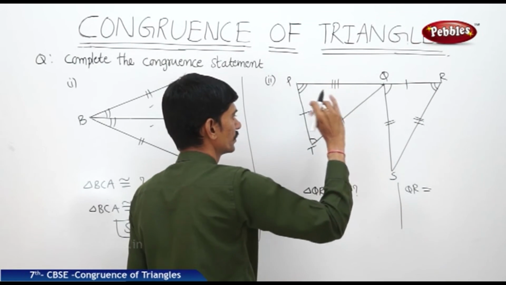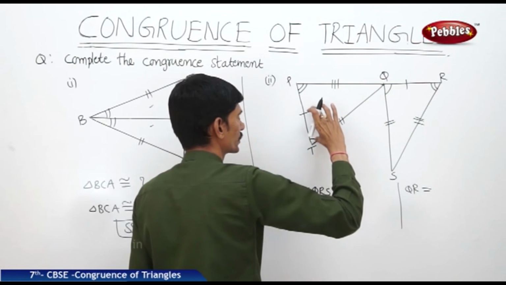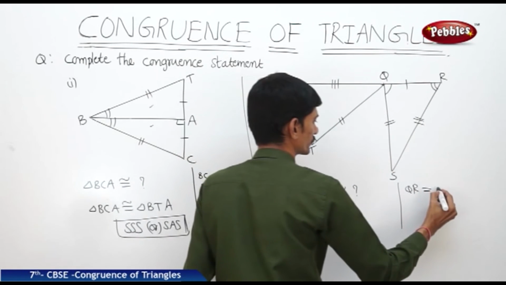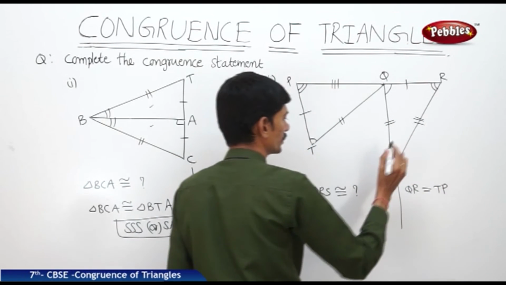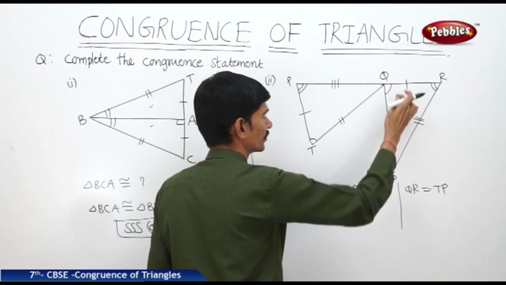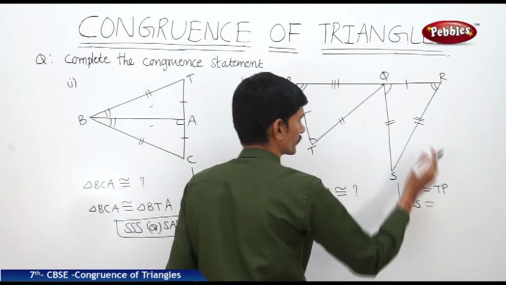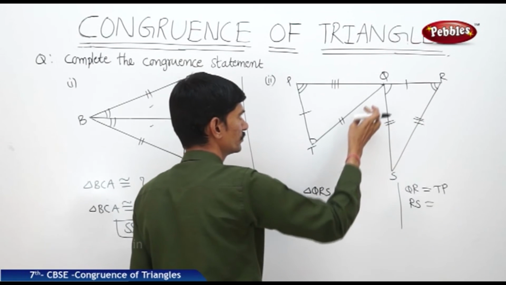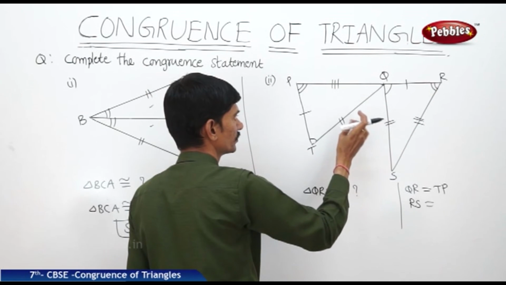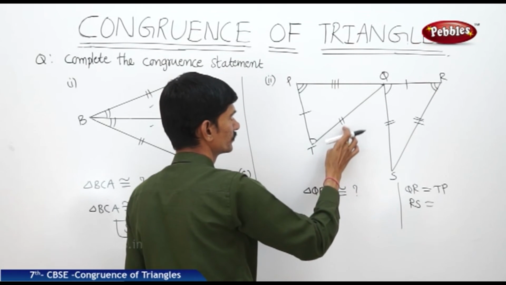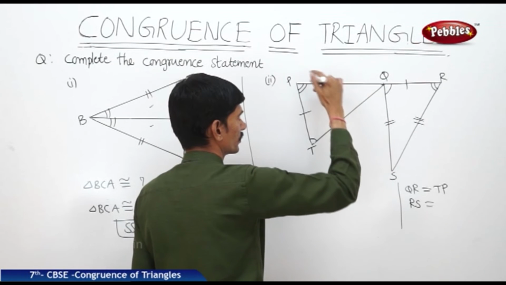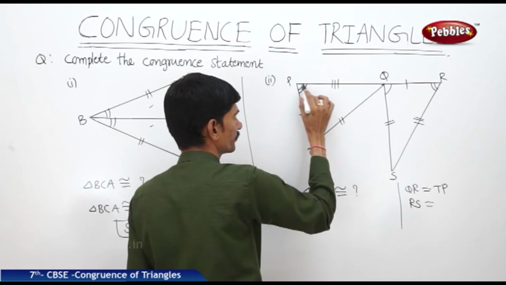So we can write QR equals TP. Then RS equals, in this triangle, PQ. So RS equals PQ.